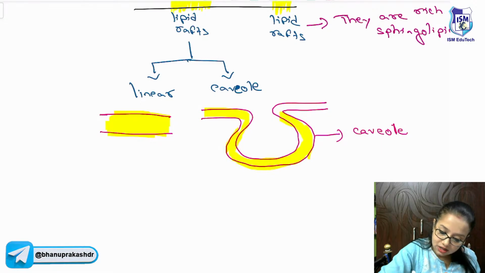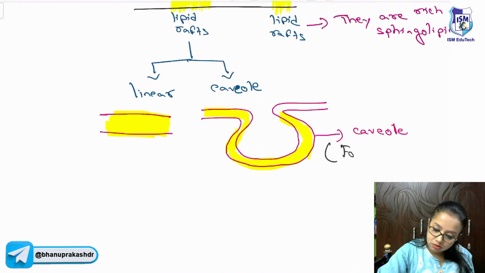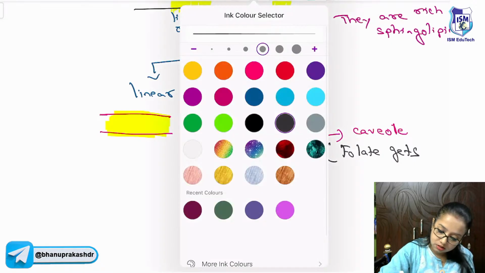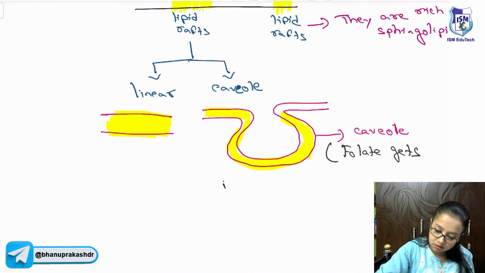Why is it necessary? It is seen that folate gets inside the cell through caveolae.